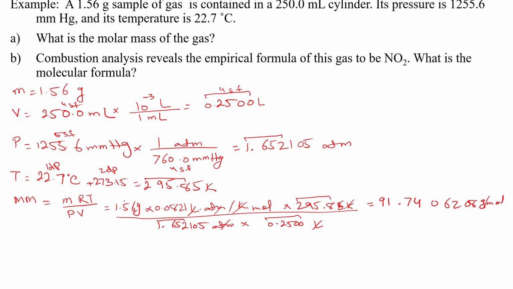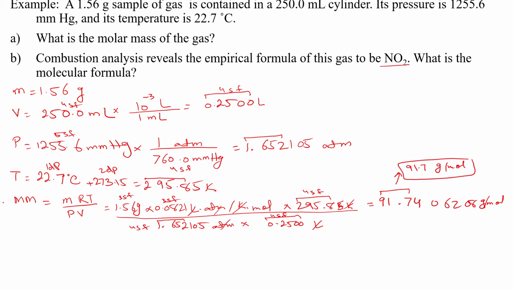Here, for rounding, you have 3 sig figs here, 3 sig figs here, 4 sig figs here, 4 sig figs here, and 4 sig figs here. So if you go to the lowest number, this will be your answer: 91.7 grams per mole is the molar mass of this gas.